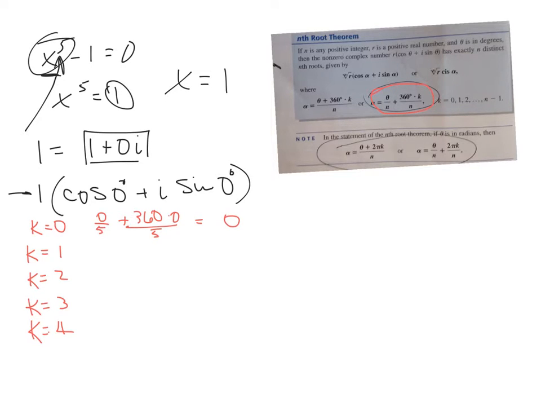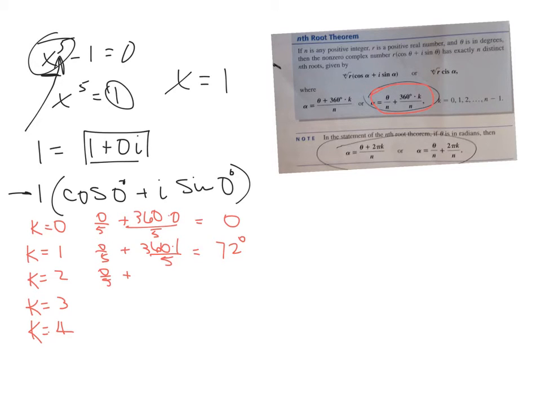Next one I'm going to do is 0 over 5 plus 360 times 1 over 5, and 360 divided by 5 is 72. And then I'm going to do the same here. Really, those are all going to be zeros.